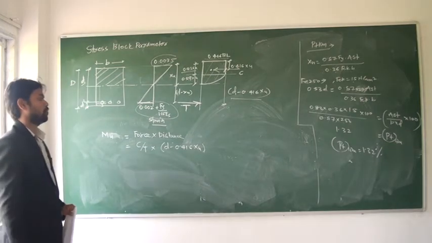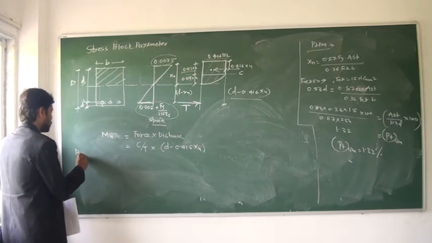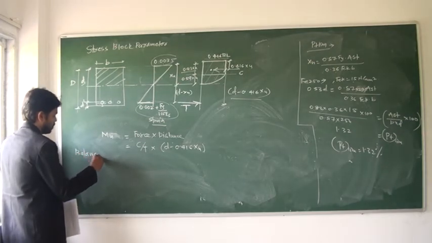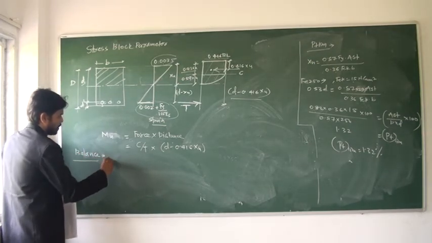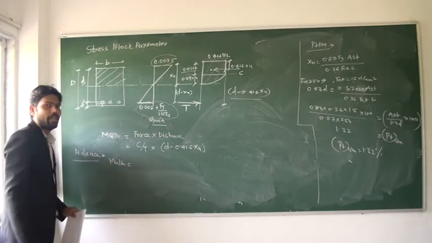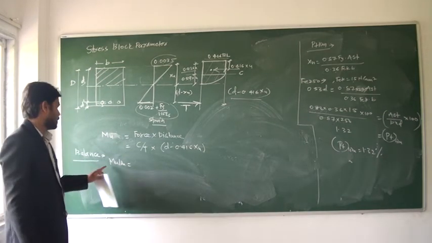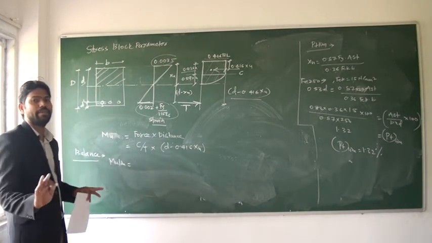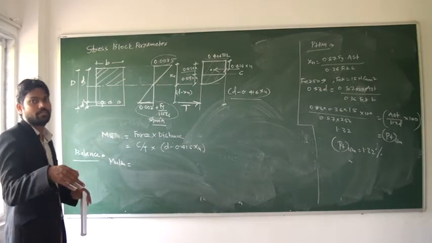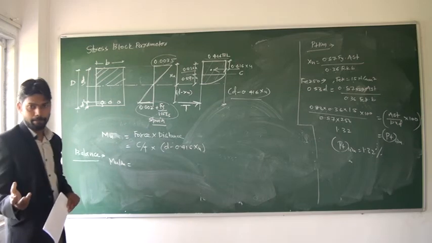Now suppose you are calculating the moment of resistance for a balanced section, this Mu will be equal to the limiting moment of resistance, because only balanced and under reinforced sections are allowed. So this Mu for a balanced section will be the limiting moment of resistance. A single reinforced section cannot resist more moment of resistance than that.